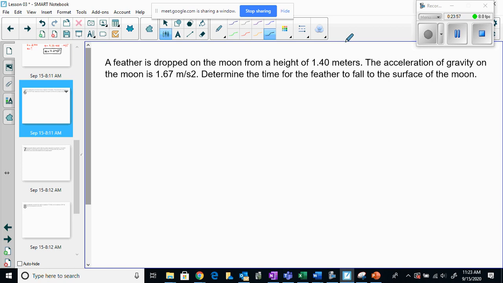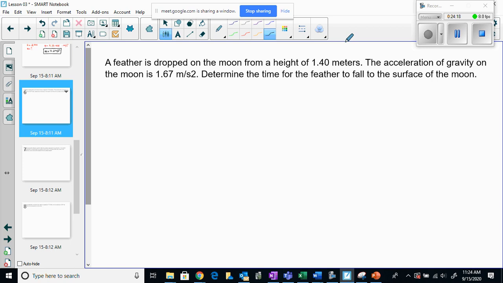So there are several assumptions that we are making here. First of all, we are at the surface of the moon with an acceleration of 1.67 meters per second squared due to gravity. Second, we are assuming that there is no air on the moon.